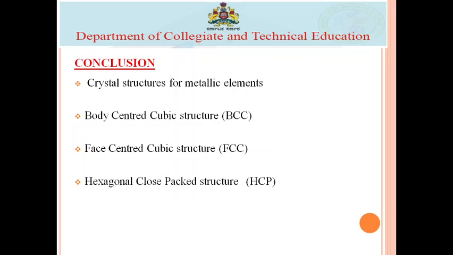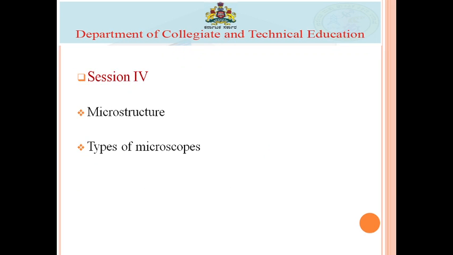In the hexagonal structure, there are 6 atoms on the prism sides, 1 at the center on top and 1 at the bottom, making 7, and 3 more atoms shared at the body center. These are all the things we have studied in this session, and in the next session we will study microstructure and the types of microscope.